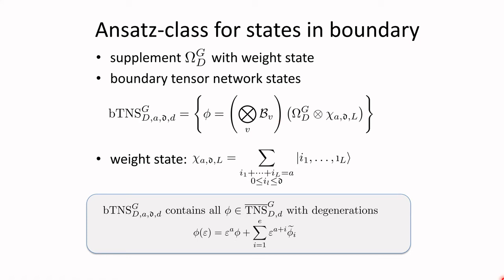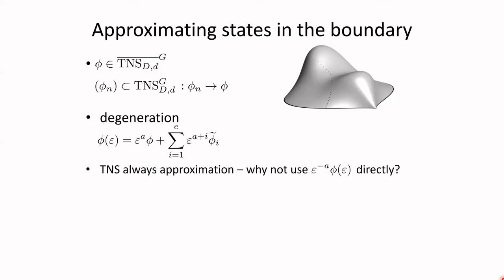But before that, I would like to discuss one subtle point, namely whether we even need this kind of ansatz class in the first place. Because what I told you is that we look at states at the boundary, so there is this degeneration, and we naturally get an approximation of our state phi if we put in an epsilon which is small enough, and then look at the states epsilon to the minus A times phi of epsilon. And tensor networks are an approximation of our physical states anyway.